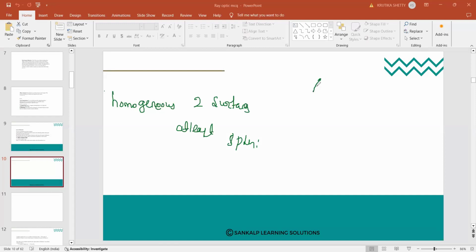So you can see now, this is two curved surfaces. This is again two curved surfaces. Another figure is this, one curved surface. This is again one curved surface.